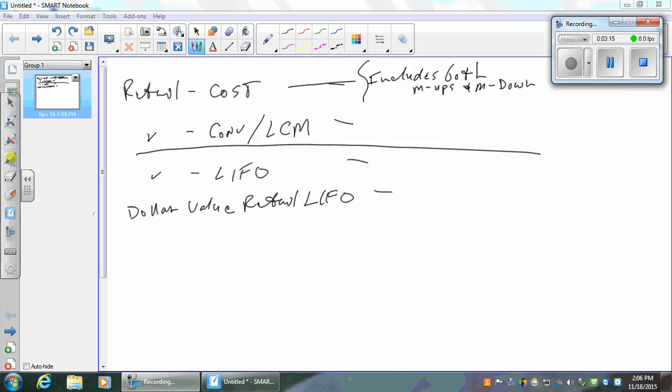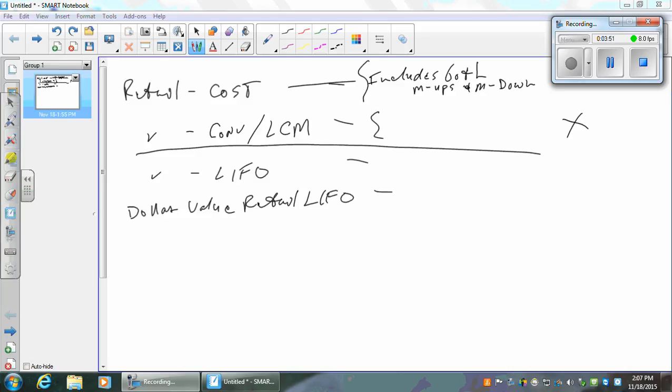Conventional or lower of cost or market, to approximate that, what I want is what, a higher or a lower percentage? Lower. Because I'm getting ending inventory, and with LIFO, last in, first out, my ending inventory, assuming inflation, would be what? I'm sorry, with lower of cost or market. I want to lower it. Okay, I'm getting ahead of myself, I apologize. Okay, on the lower of cost or market, what's going to happen? Do I want a higher inventory value or a lower inventory value for this thing?